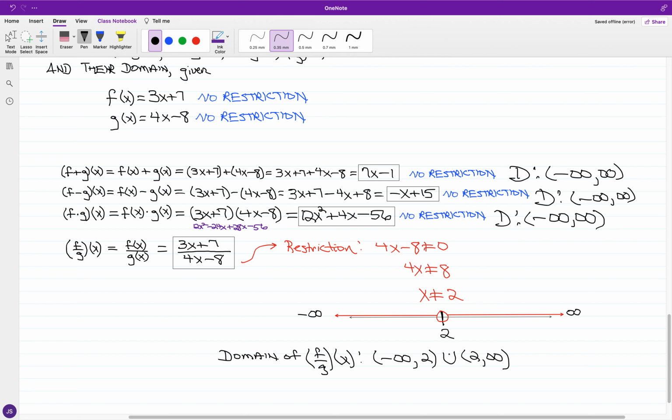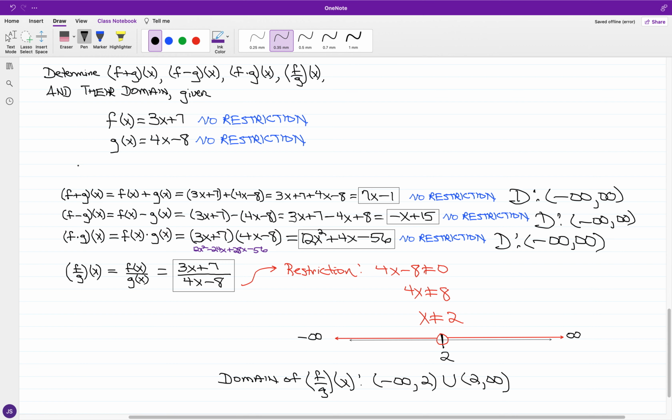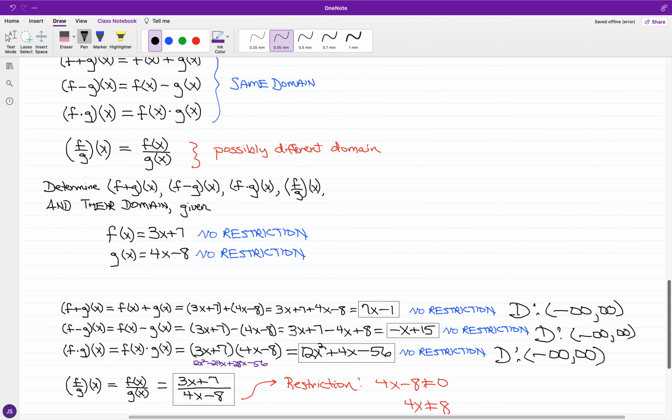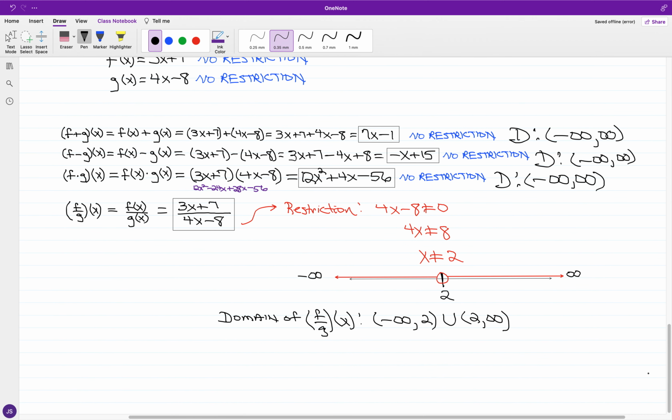Now, another situation where we have operations between functions, and this will be if you have specified inputs. Right now for operations between functions, we maintain the general case of where the input essentially has been x all along. Well, let's say if you have numbers involved.